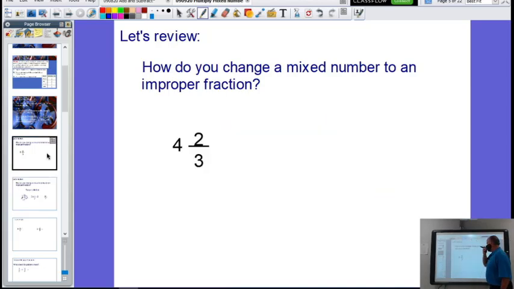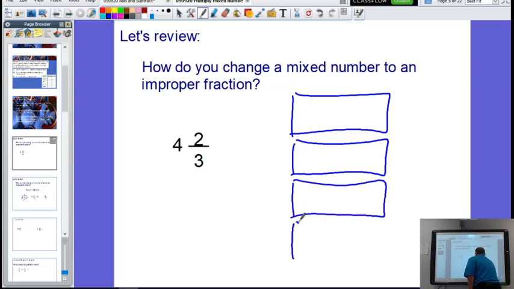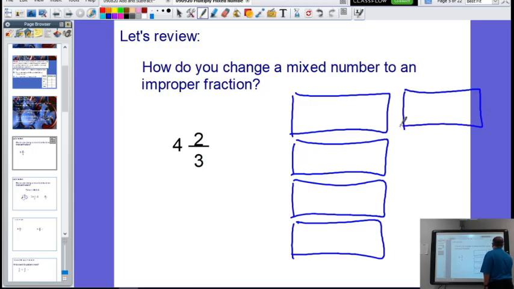So let's go back and look at what I am actually doing picture-wise when I use that popcorn method. Well, if I were to draw a picture of 4 2/3, here's 1, 2, 3, 4, and then one more out there. So here are 5 things, but I need to look at 4 2/3.